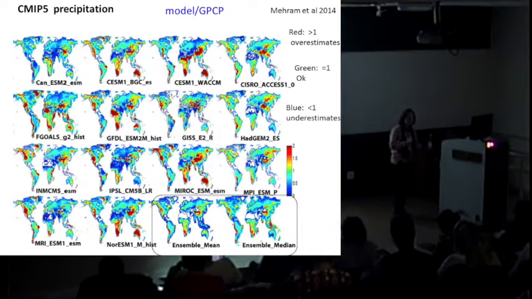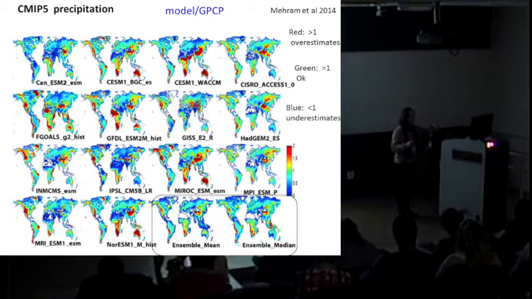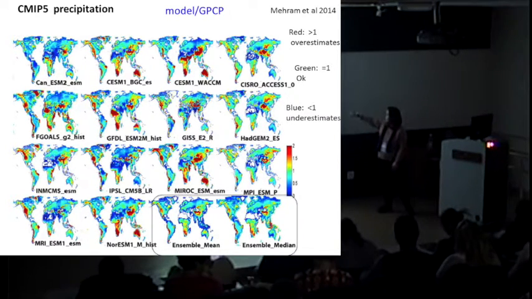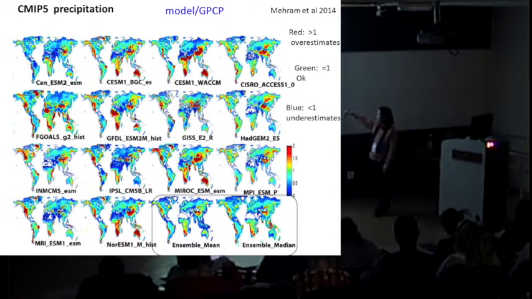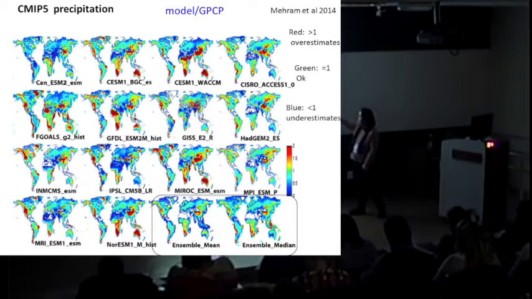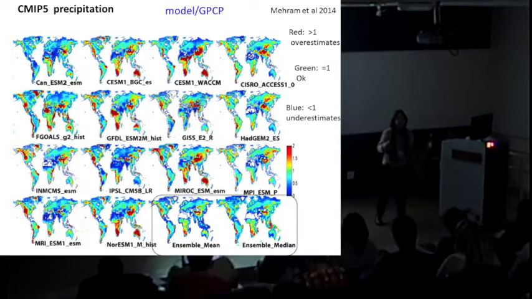If the value is less than one, it underestimates. So there is this scale here, and if it's one, the model is perfect. It's very difficult, but in some places we can see this kind of green, where the model could represent the precipitation well.